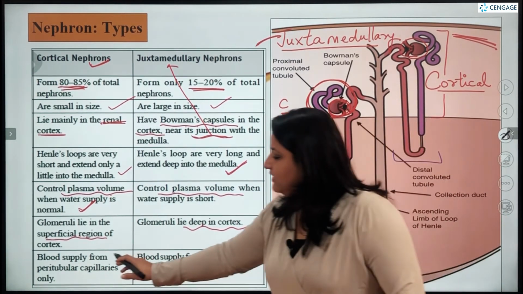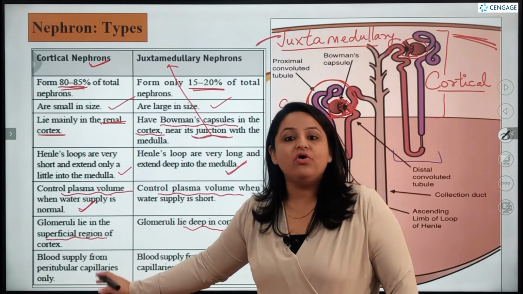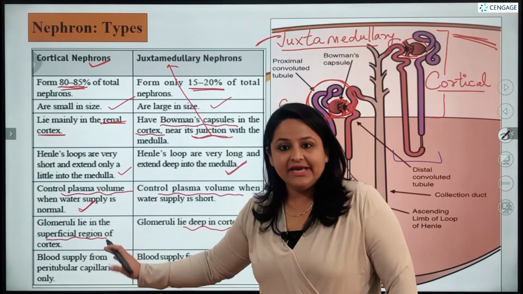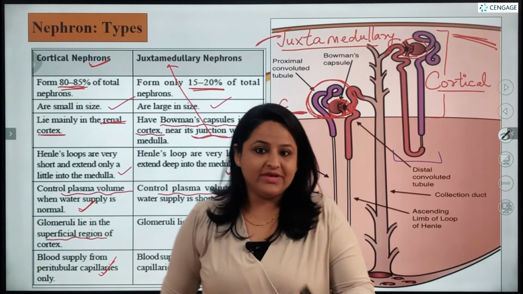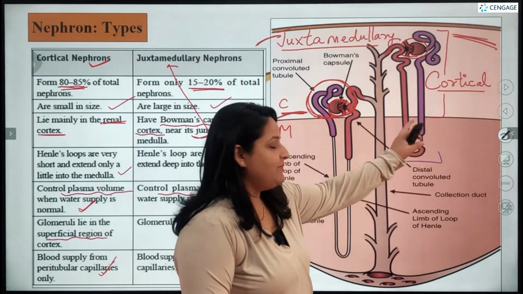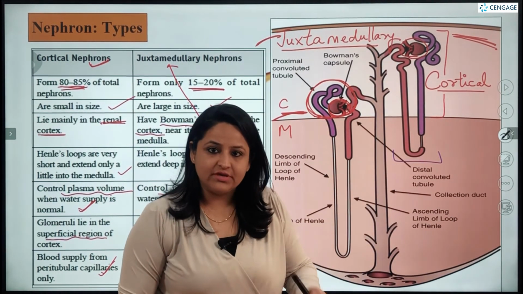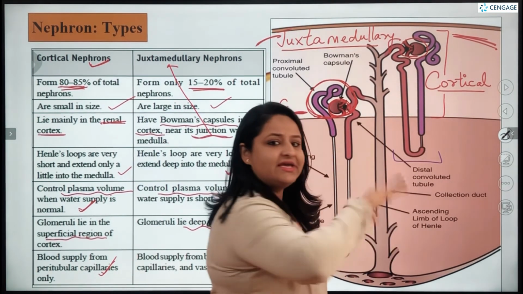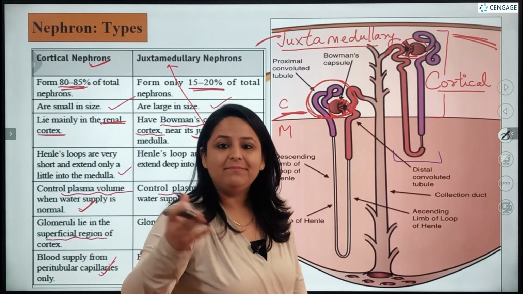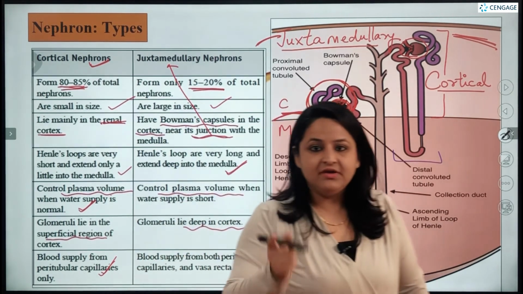Then the blood supply in the case of the cortical nephrons is available only from the peritubular capillaries. Though the peritubular capillary is not clearly shown over here, we have to note that the cortical nephrons get their blood supply from the peritubular capillaries.